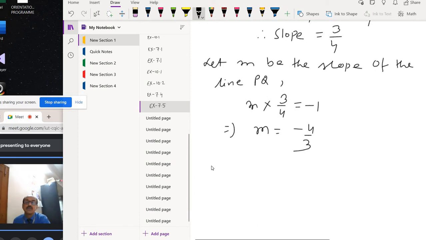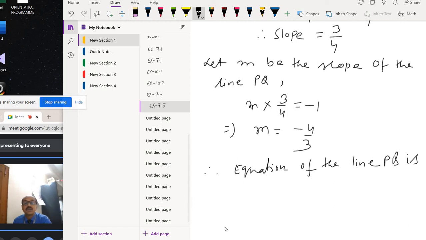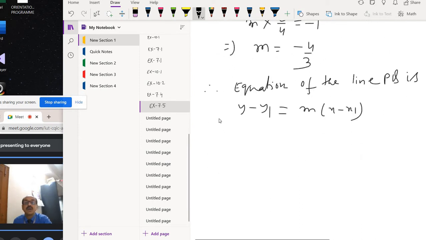So the equation of the line PQ is y minus y1 equal to m into x minus x1. y1 is 3, m is minus 4 by 3, and x minus x1 is x minus (-1), that is x plus 1.